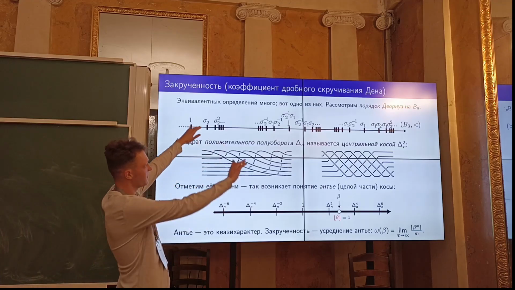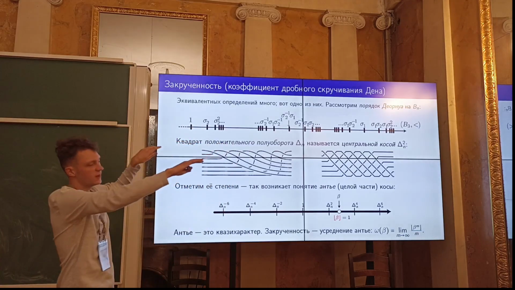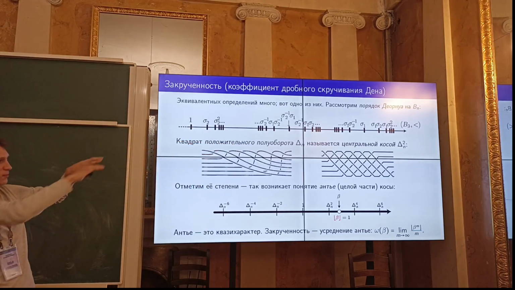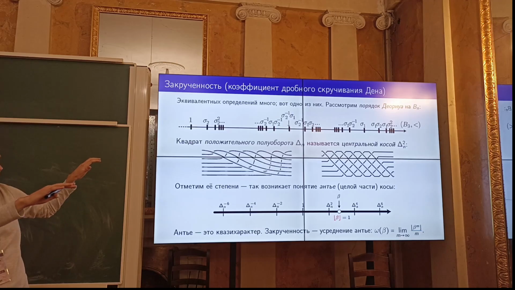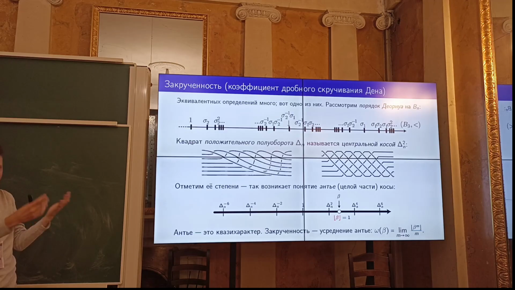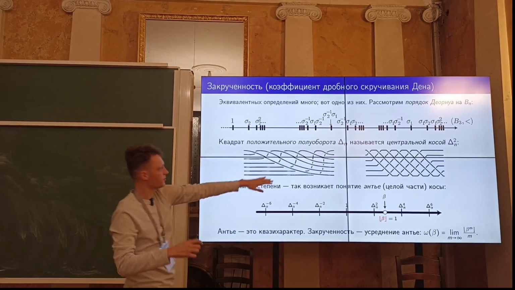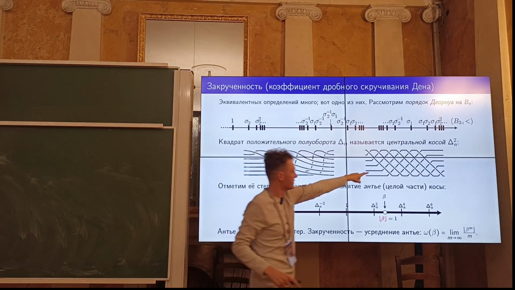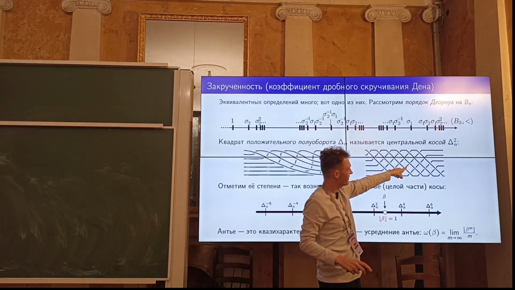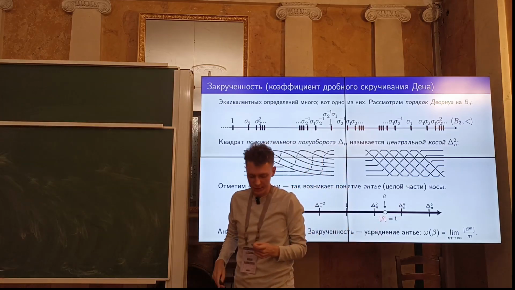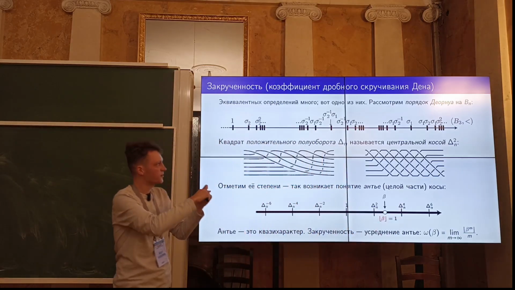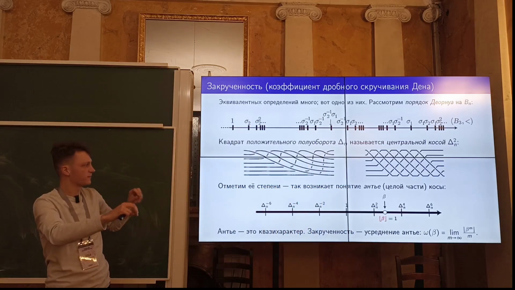So imagine that we put every element of the braid group on the real line. The Dehornoy order yields such an image. And then consider this special type of braid, which is called the central braid, and consider all of its powers.